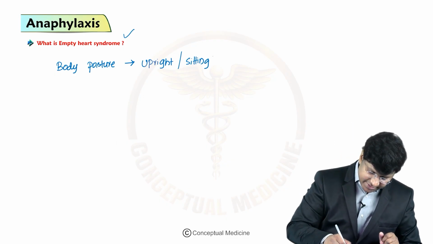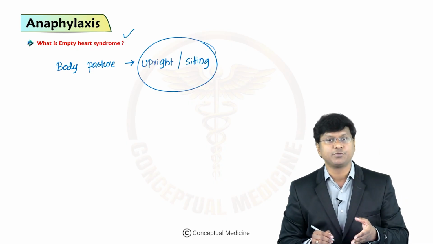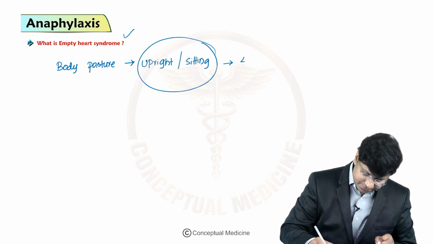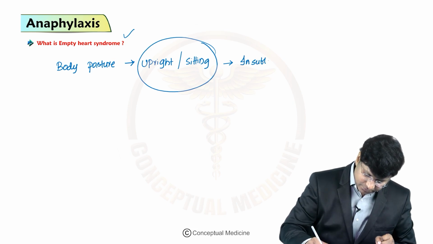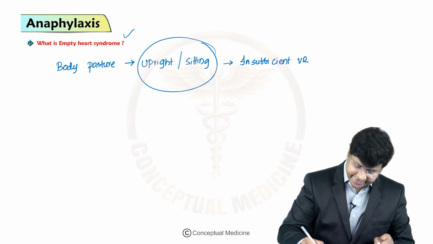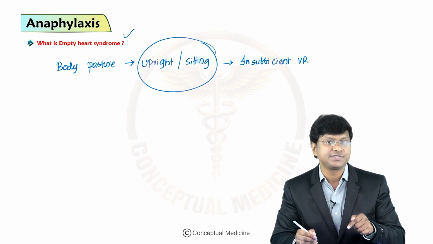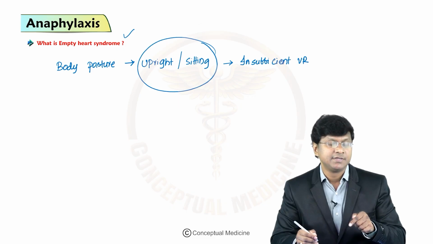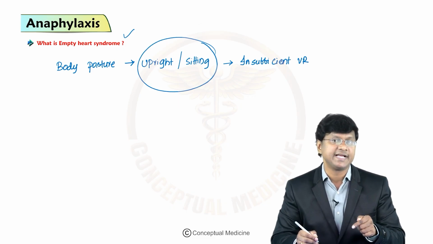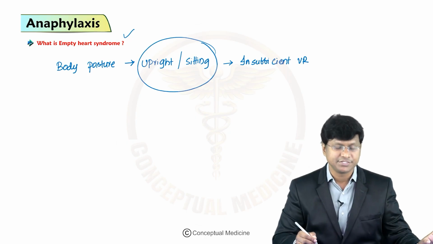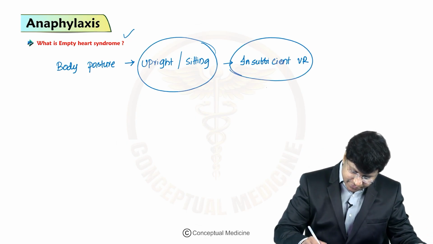Why? Because in upright or sitting posture, there is insufficient venous return to the heart from sudden onset hypotension secondary to intravascular volume depletion. Why is there insufficient venous return?